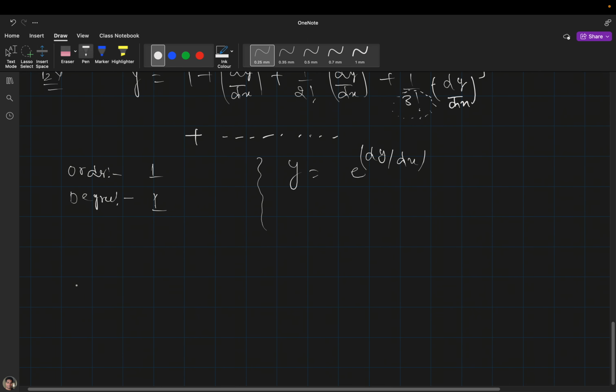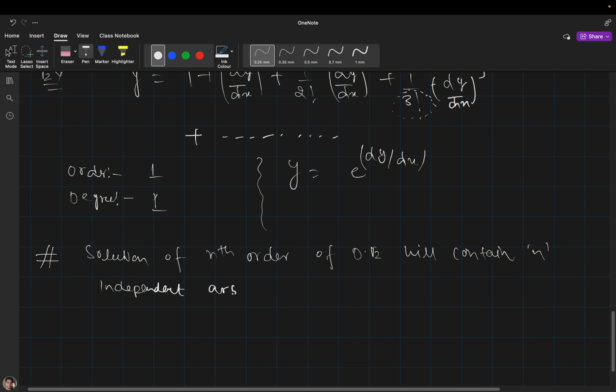Okay, one important point is: the solution of an nth order differential equation will contain n independent arbitrary constants.